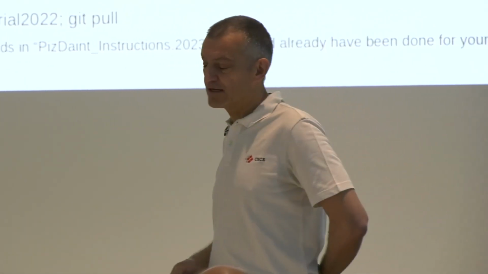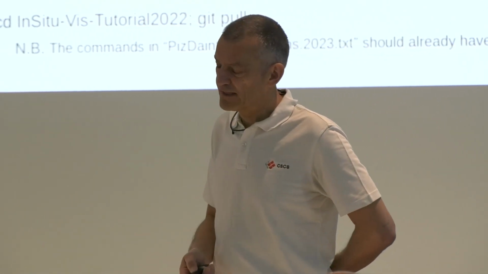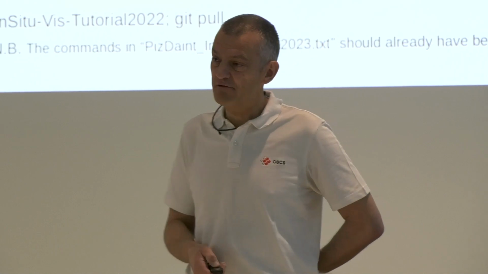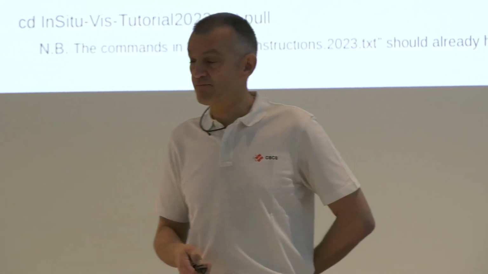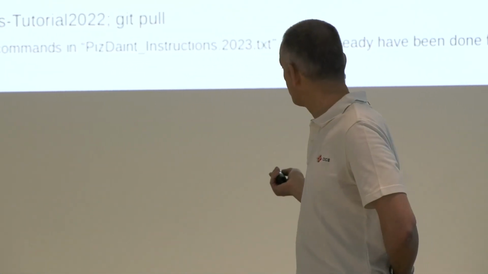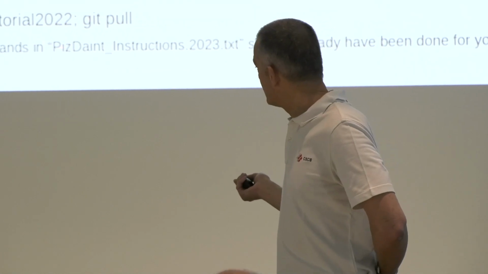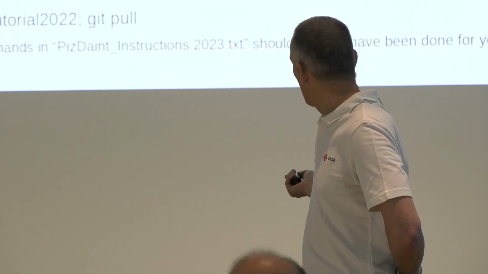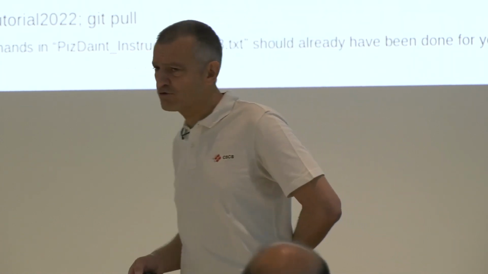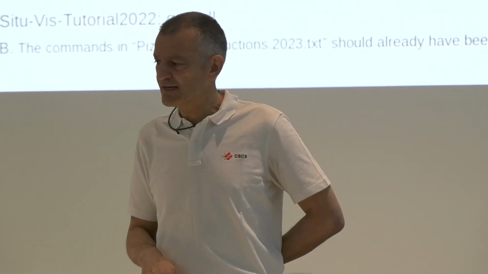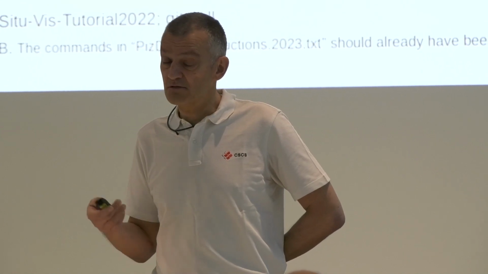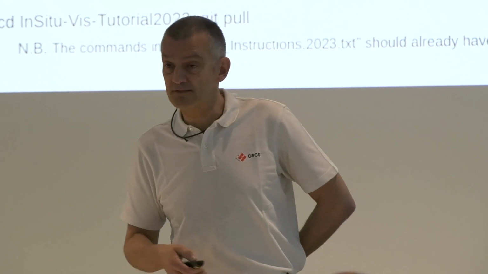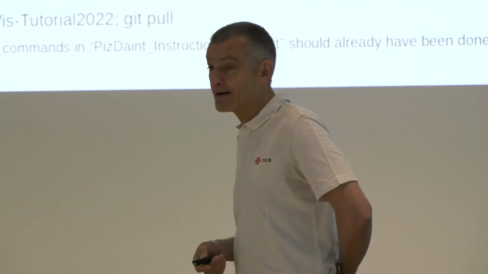One of the updates, actually the only one I've done this morning since then, is that I've put the slides, the PDF of my presentation, on the machine. And the file called Pitts Daint Instruction 2023 shows you what I have done to set up the account. So this is just for your curiosity. You shouldn't have to redo this. Okay? Is it clear?